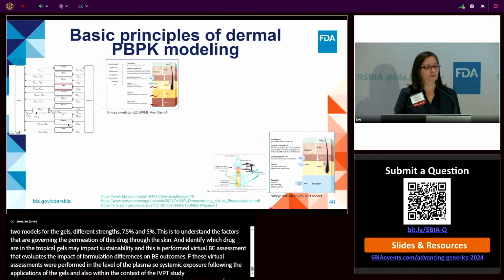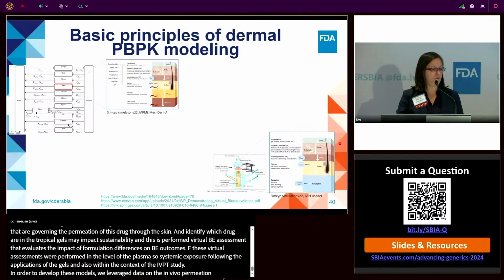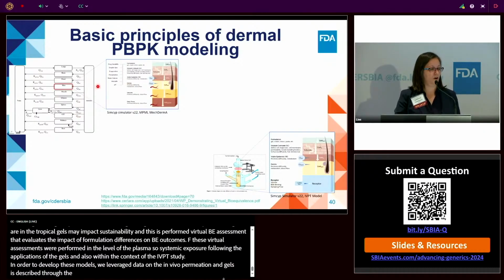In order to develop these models, we leveraged data on the in vivo permeation, the in vivo absorption of Dapsone gels, and that is described through the model schematic on the top here.